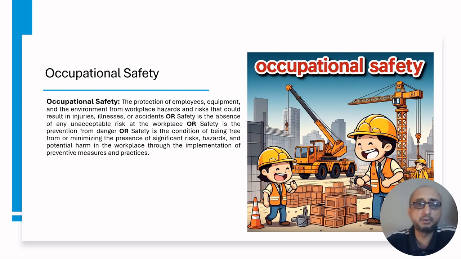We already defined it. Any risk that poses a significant threat to workers, property, or the environment is called unacceptable risk. We cannot work in the presence of such risk. So it is the responsibility of the organization to ensure that when workers are performing their activities at the workplace, no unacceptable risk is present at that time.